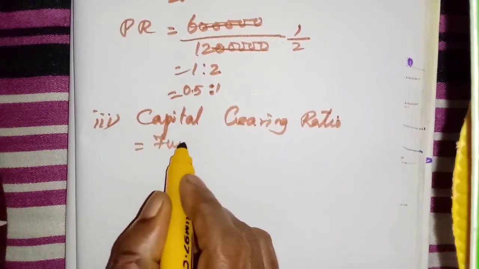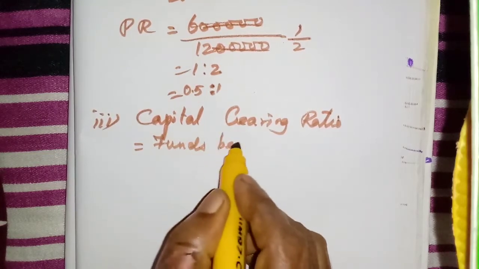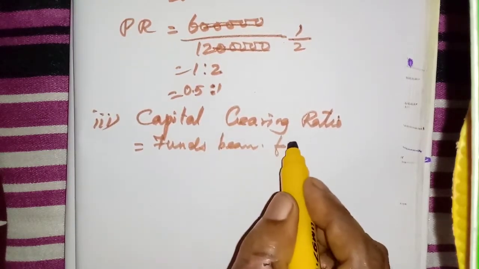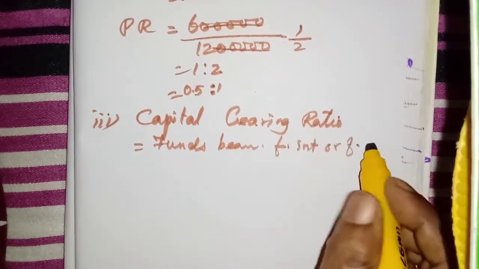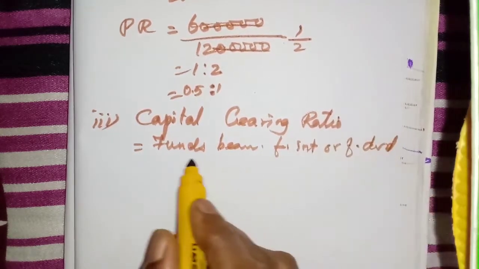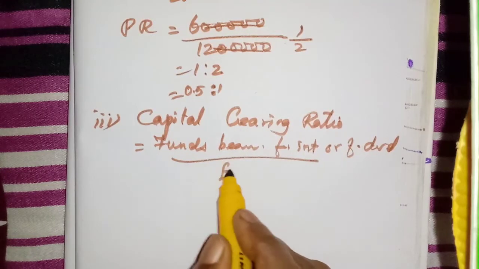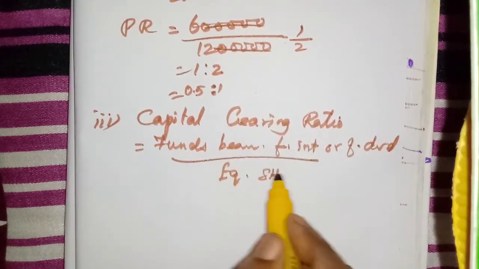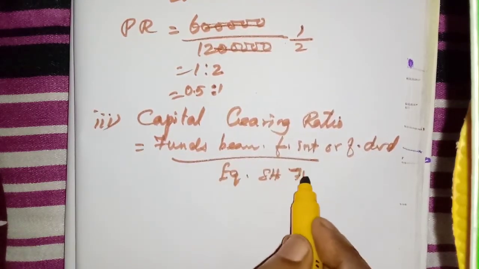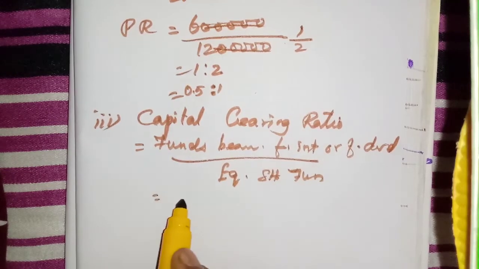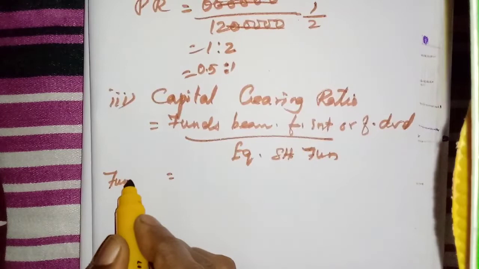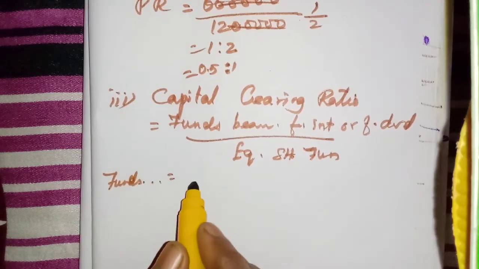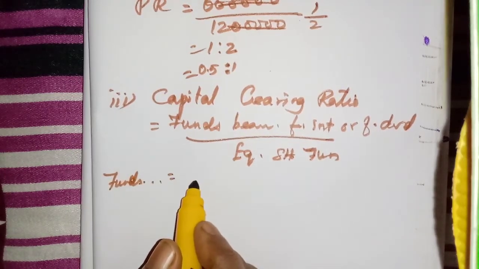Funds bearing fixed interest or fixed dividend divided by equity shareholders funds. Okay, funds bearing fixed interest or fixed dividend. What are they?